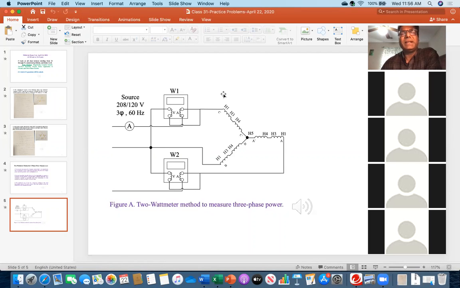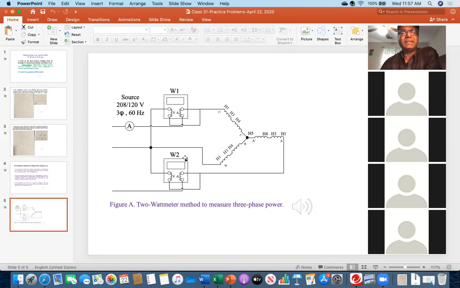Now to verify that, if you just connect one wattmeter here, then disconnect and connect it here, again disconnect and connect it here, you will get 3 readings, and if you sum those up, the total power will be the same as in this case. That's why it is called the 2 wattmeter method to measure 3 phase power.